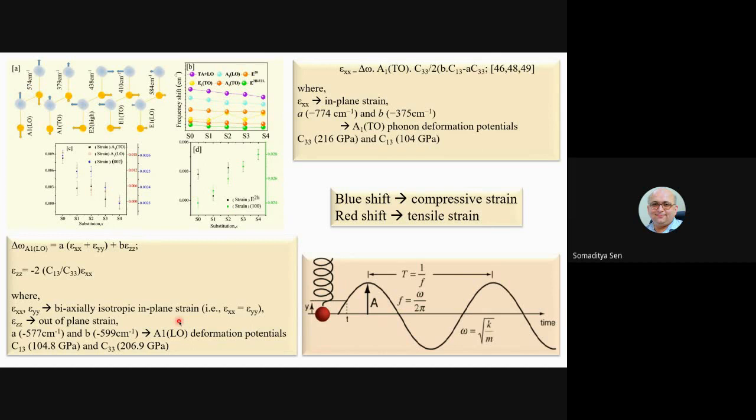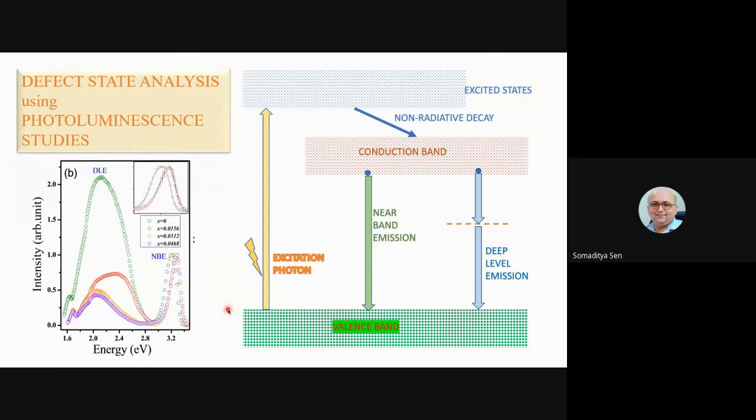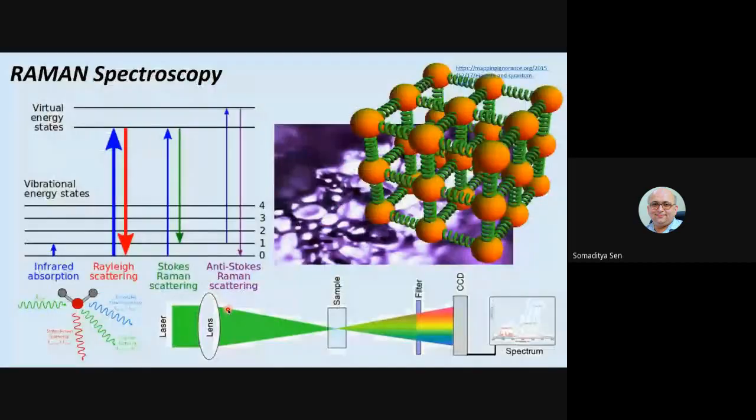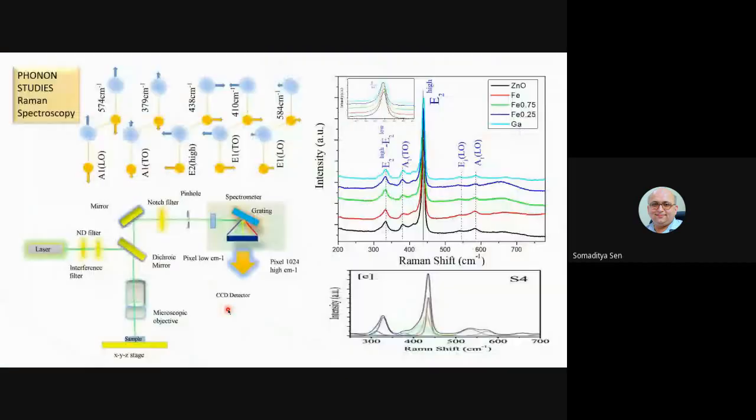A blue shift is generally associated with compressive strain, and a red shift is generally associated with tensile strain. So this type of analysis can be done. There are two different equations here I have put for two different modes. Now this is done. Let me see whether I have missed something here. No, I have not missed.